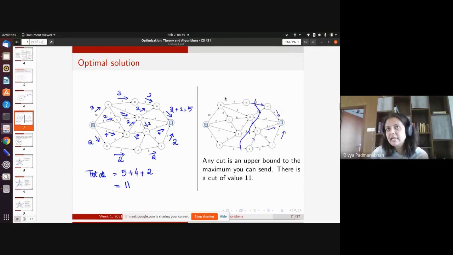In that manner, you could inspect the various cuts and see which one is the minimum value. Since you already have a flow of 11 here, and you found a matching cut of 11, it must be that there is nothing lesser than 11. There's no cut which is lesser than 11, and similarly, there's no flow which is larger than 11.